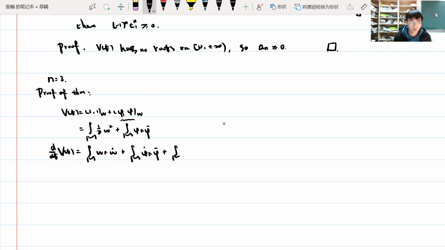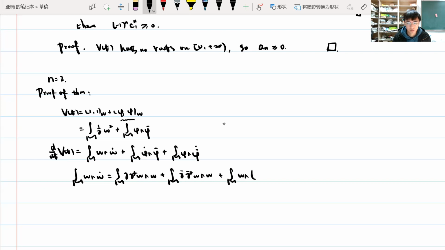This is the abbreviation. This is partial-bar star plus its conjugation.